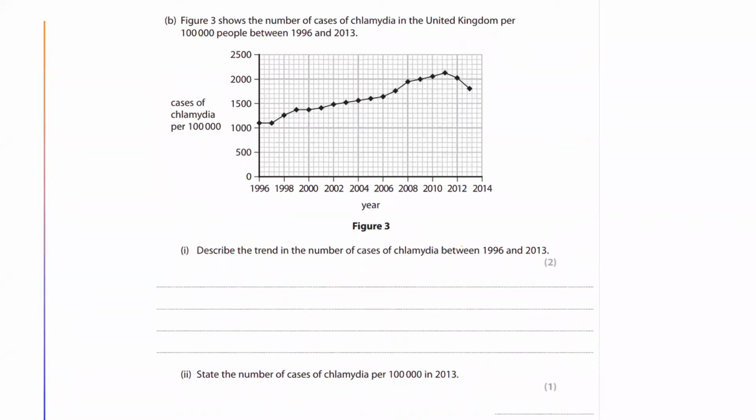Figure 3 shows the number of cases of chlamydia in the United Kingdom per 100,000 people between 1996 and 2013. You probably think, why is there maths in a biology paper? It's because there's always 10% maths.